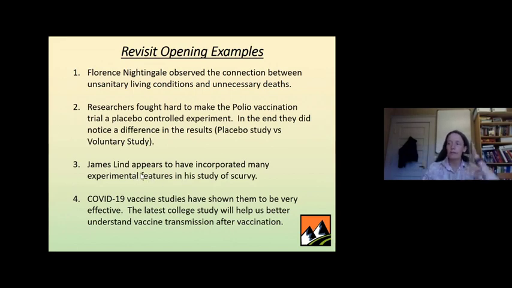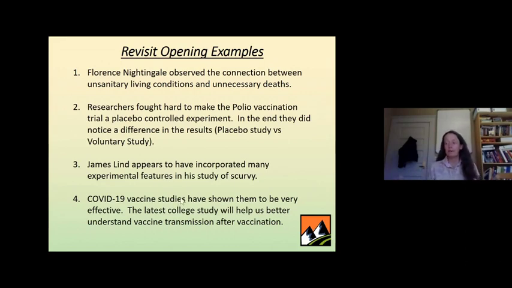And James Lind has a lot of these experimental features incorporated in his study. And then this COVID-19 vaccine study, they have already been shown to be effective based on experimental design. And this latest college study also has a control group and a vaccination group, and they're comparing nasal swabs taken every single day, in addition to the COVID tests.